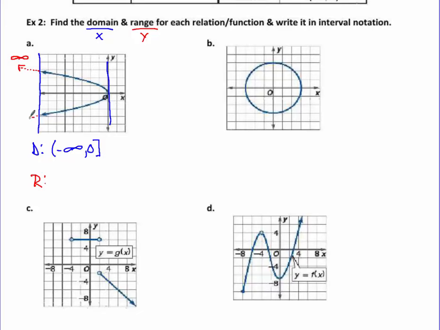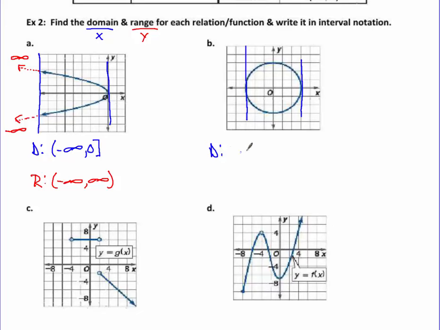And the same, it's going to keep on going down to -infinity on the y-axis as well. So our range is going to be -infinity to positive infinity. No brackets, just parentheses.